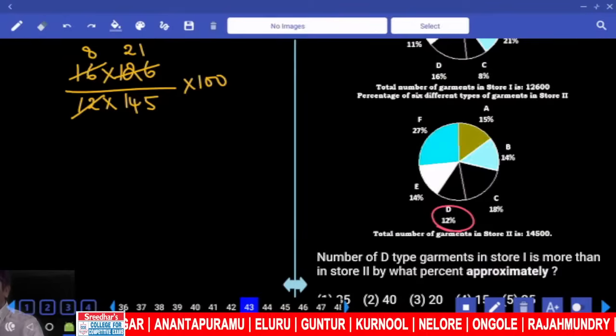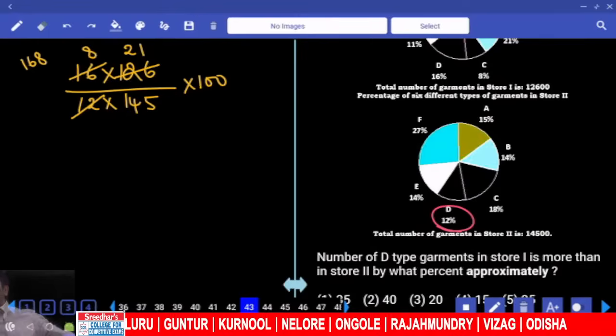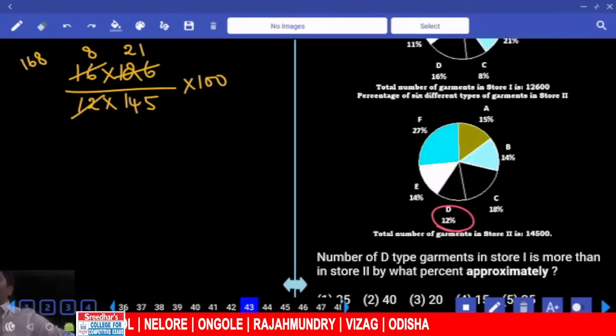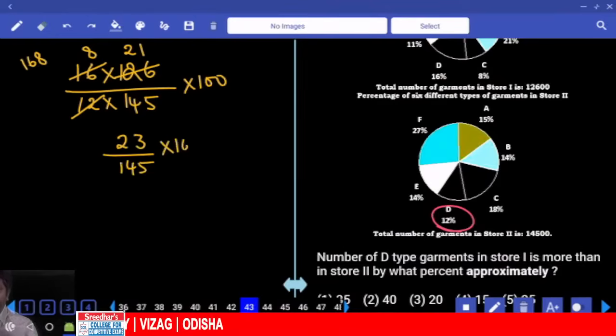What is numerator now? 160. What is denominator? Now observe, numerator is how much more than the denominator? 23 more upon 145, into 100. Are you okay?